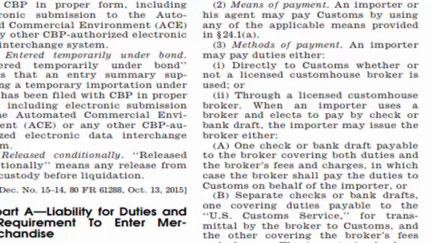We're talking about ACH, periodic monthly statement, etc. Methods of payment: an importer may pay duties either directly to customs, whether or not a licensed customs broker is used, or, a subject we'll be talking about as well, through a licensed customs broker. That means that the broker pays on behalf of the importer, and then the importer pays customs duties we're talking about.